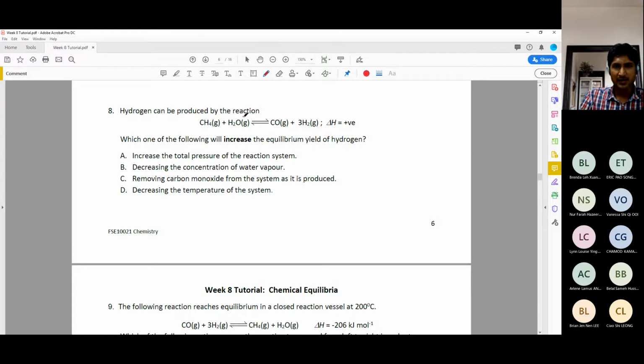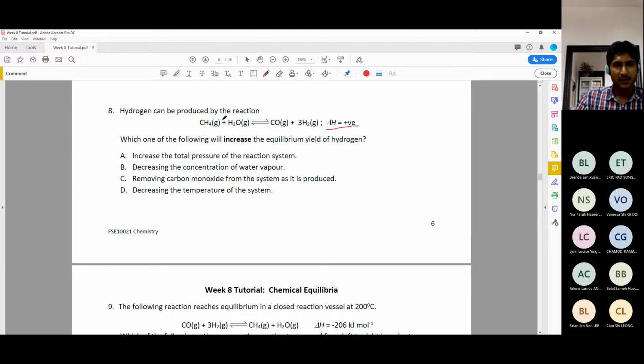That means it is releasing heat. So this is the explanation. If you want to remember it in a simpler way, positive means endo, that means we have to provide heat, and anything else is exothermic. Whatever is easier for you.